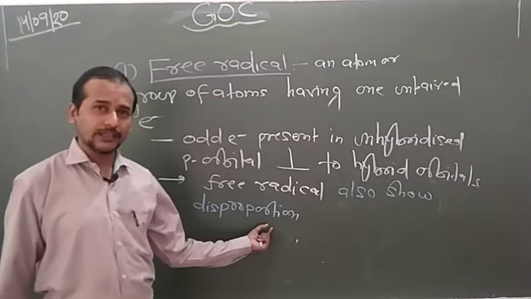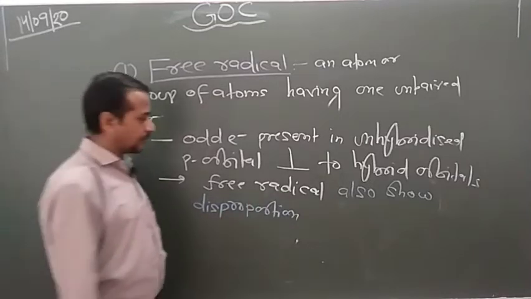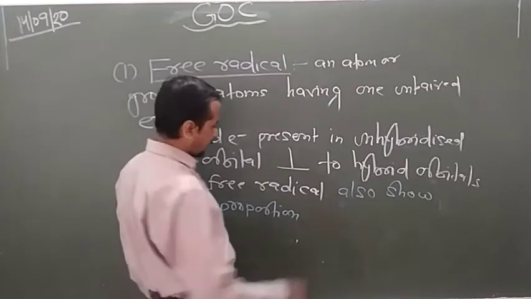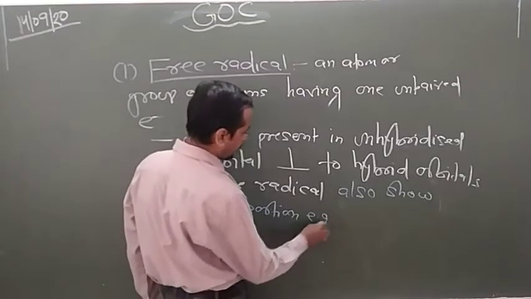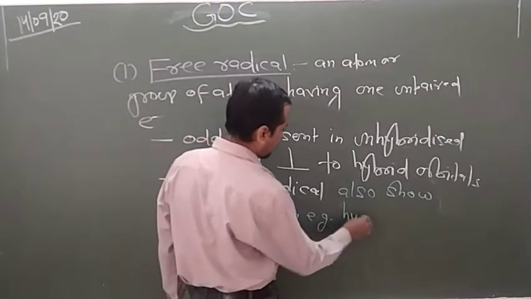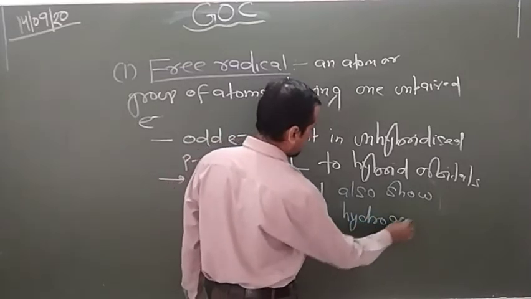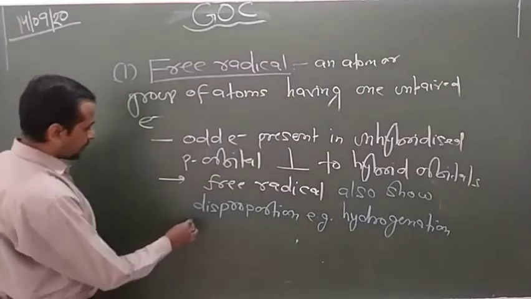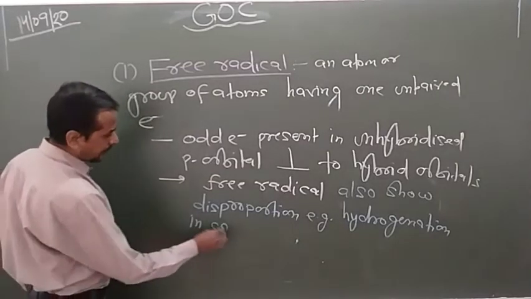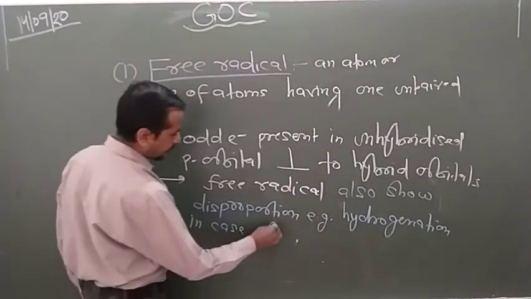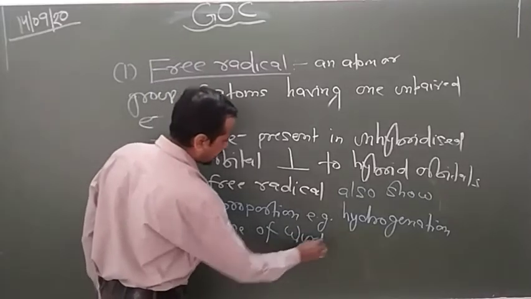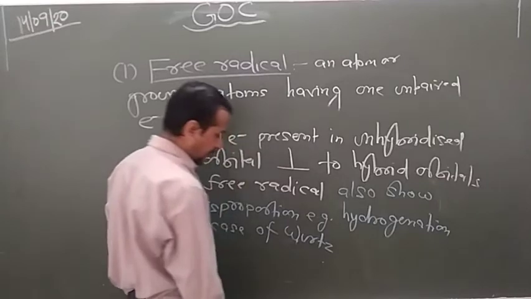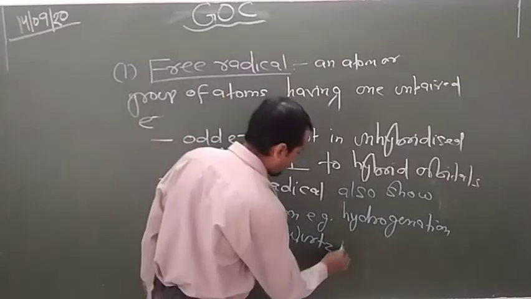One species oxidized and the same species reduced is known as disproportionation. Now students, one example of disproportionation: in the case of the Wurtz reaction, this reaction is the formation of alkane from alkyl halide. Wurtz reaction.